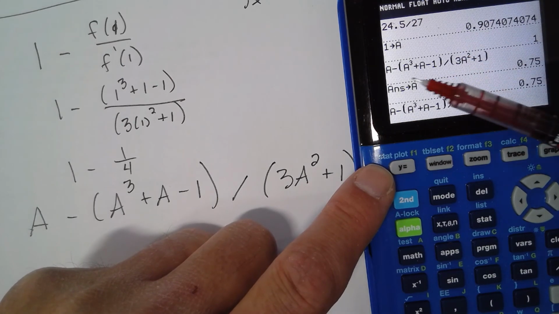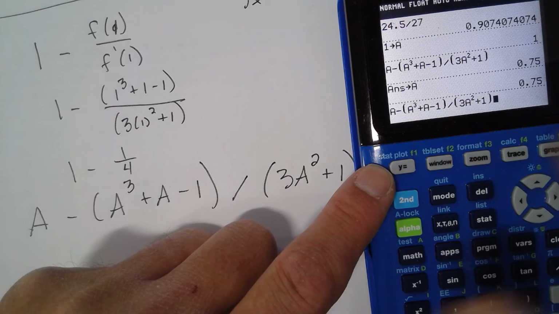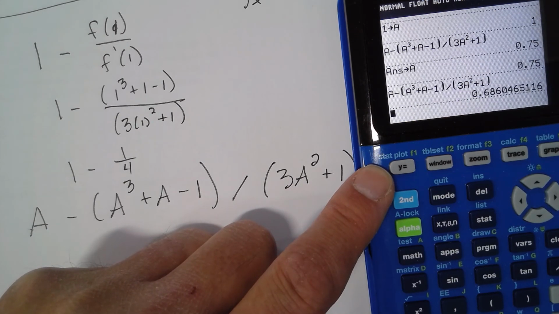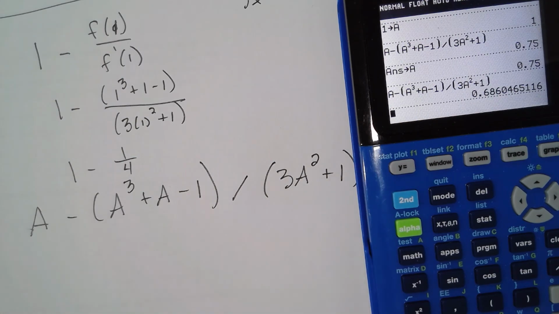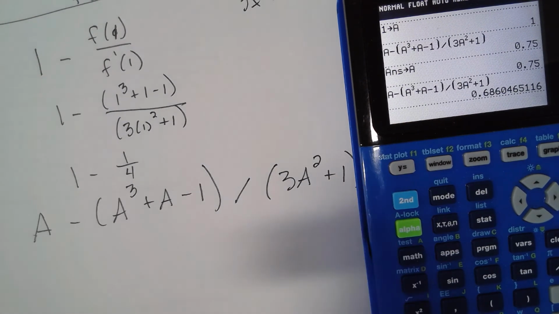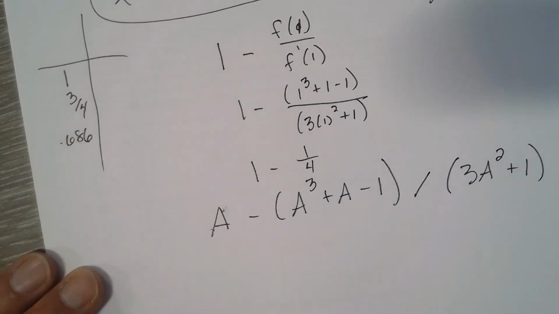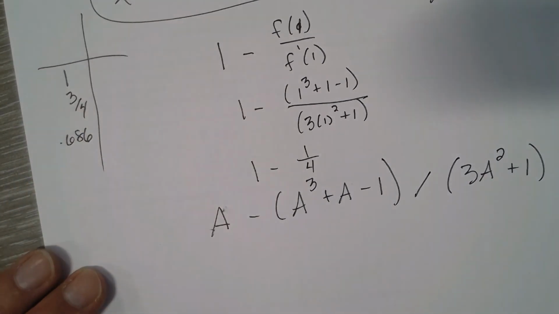So I have my new line, which rather than retyping, I can just pull that up again, and I get 0.686, and a whole bunch more.